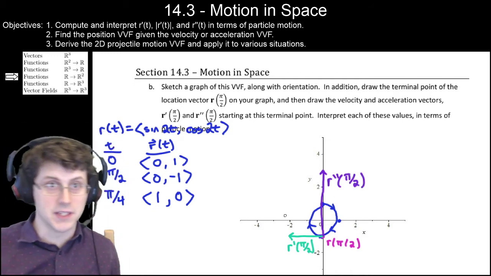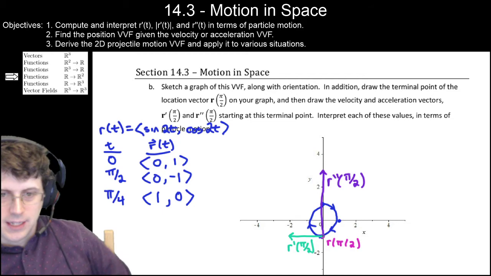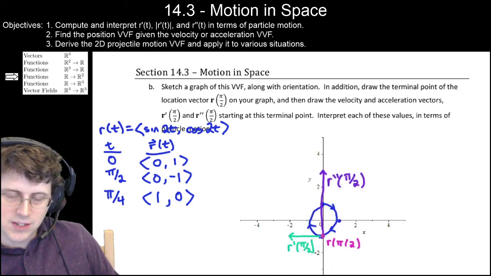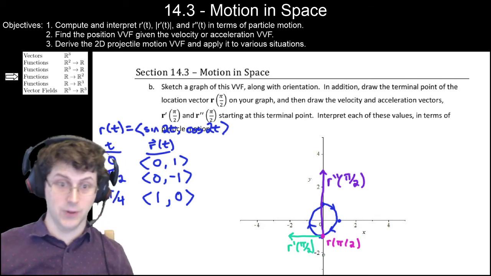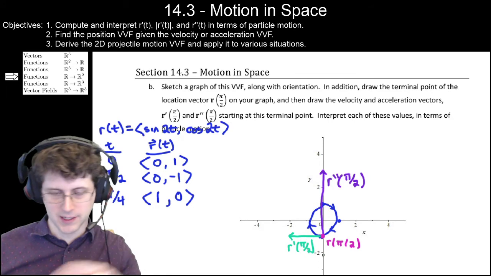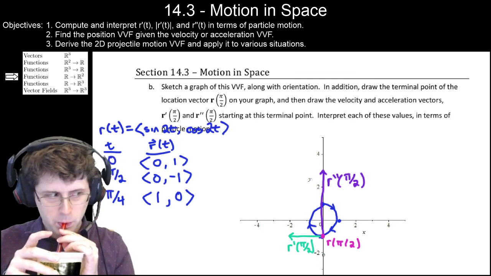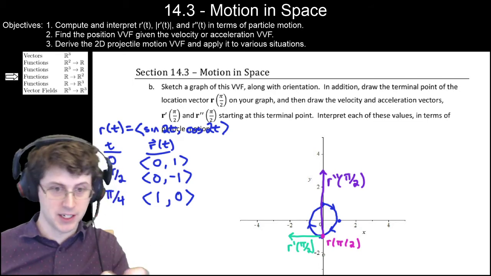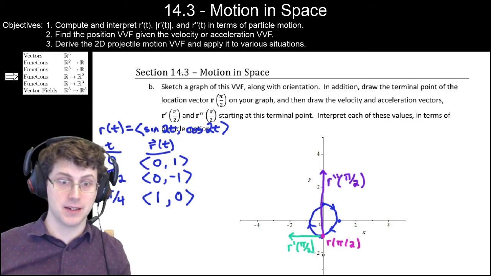So as you go around the circle, you'll have a position, and the position is technically a vector, but we tend to just draw its terminal point, because we're thinking of it as a location. That point will spin around the circle. The velocity vector tells you which direction you're going, and that will be tangent to the path.